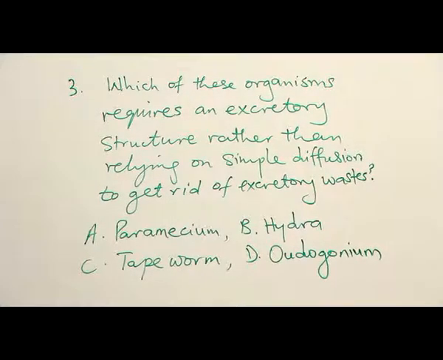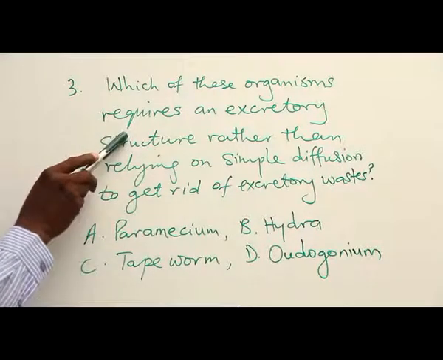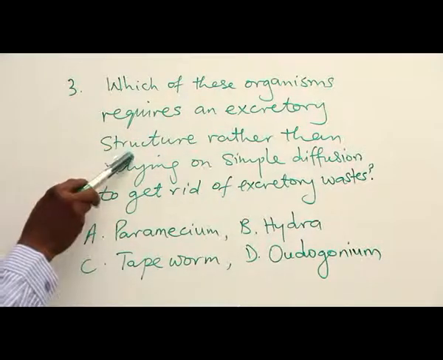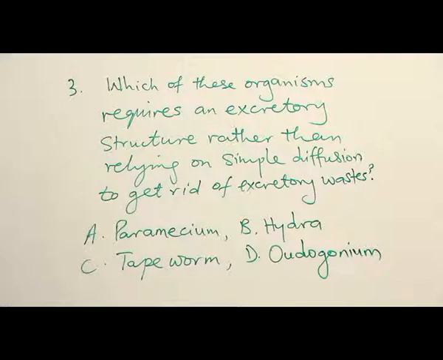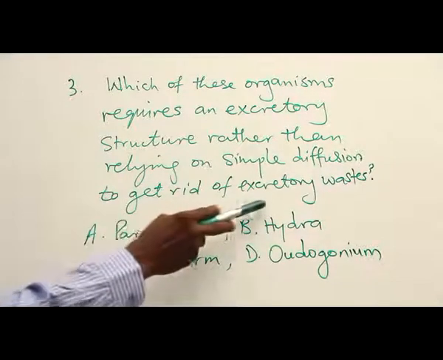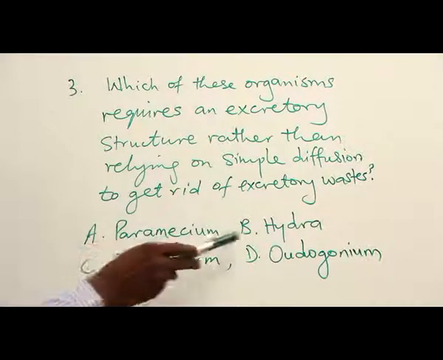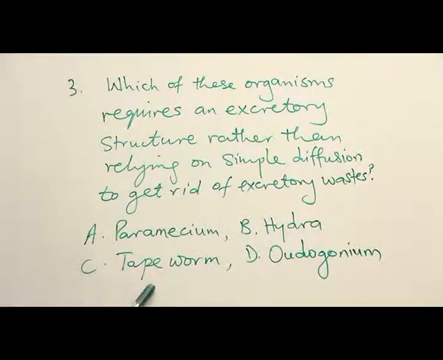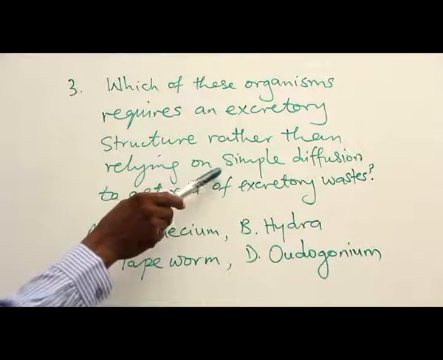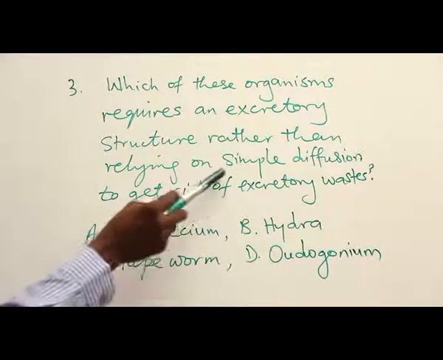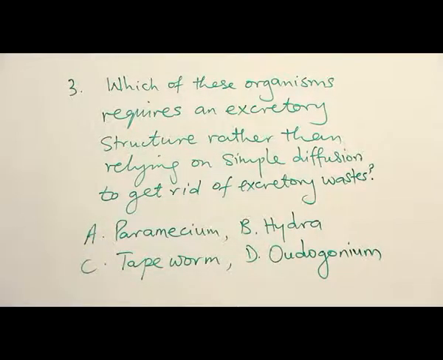Example 3. Which of these organisms requires an excretory structure rather than rely on simple diffusion to get rid of excretory products or excretory wastes? A. Paramecium, B. Hydra, C. Tapeworm, D. Oedogonium. Now, a simple body organism will rely on simple diffusion for distribution of material or removal of waste from the body.